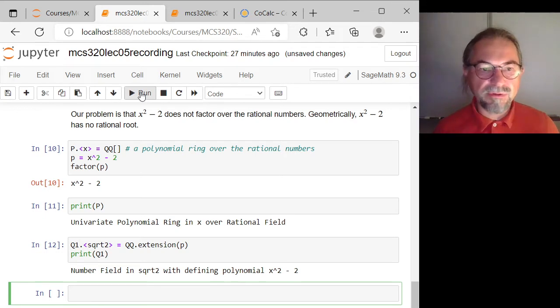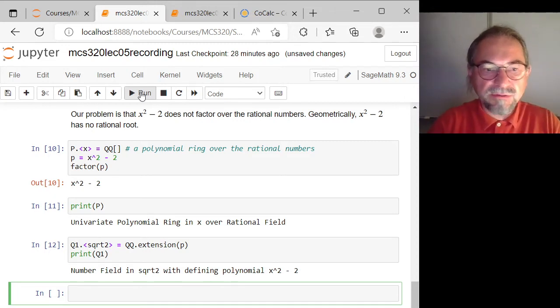So the symbol is long spelled out the square root of 2. And the defining polynomial is x squared minus 2. So over this field, every expression, the square of the symbol, square root of 2, simplifies to 2. Okay, so I'm now in this number field.